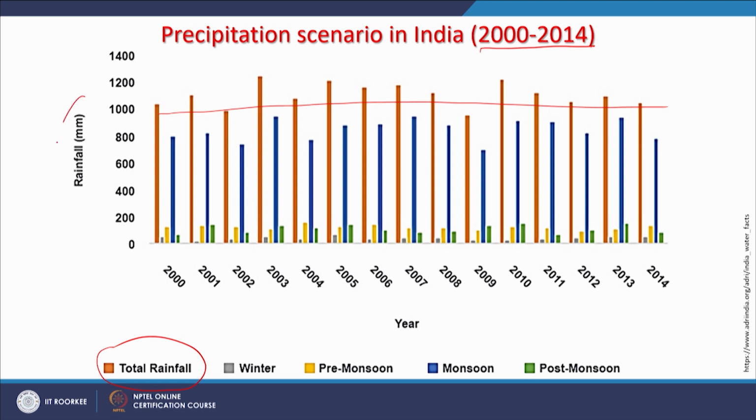That means the total amount of rainfall all over India has not changed. However, there are a few changes, like the timing of rainfall has changed. In earlier discussion, we also said the intensity of rainfall has changed. Rainy days have reduced, which means the intensity of rainfall has increased.